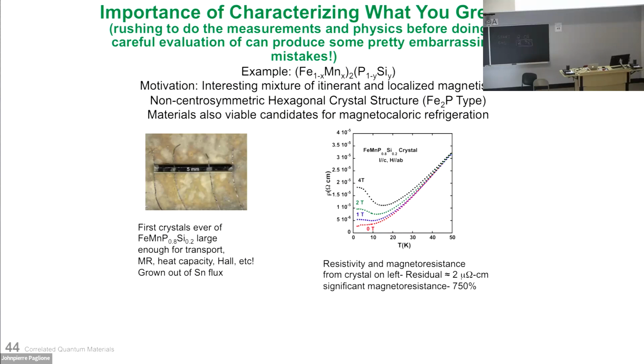But anyway, with this beautiful crystal, these are some resistivity leads. I measured the resistivity versus temperature. At 0 Tesla, this is the curve. It looks nice and metallic. This is almost 2 microohm-centimeters at low temperature, which was a concern at that point because that's much lower than I expected.